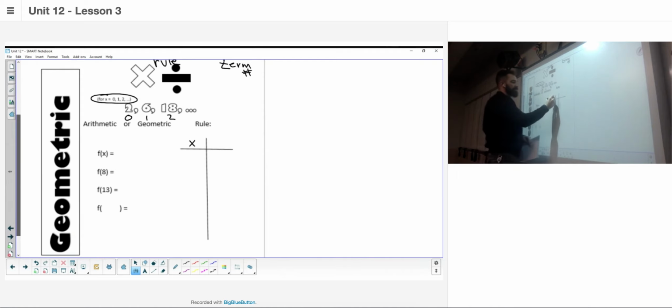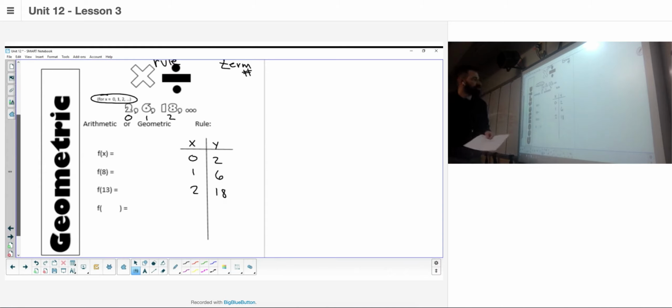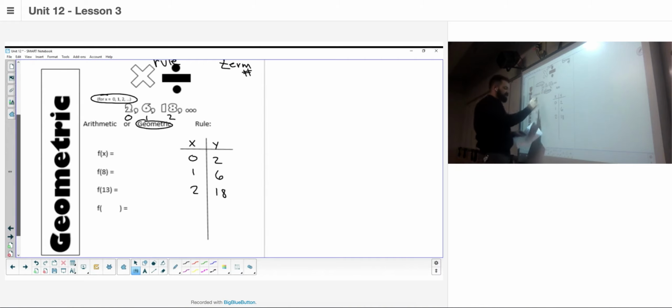Let's make our table first, an xy table. Term 0 is 2, term 1 is 6, term 2 is 18. Remember, we're using geometric sequencing. We want to figure out how we get from 2 to 6, from 6 to 18, by doing the same thing over and over again.